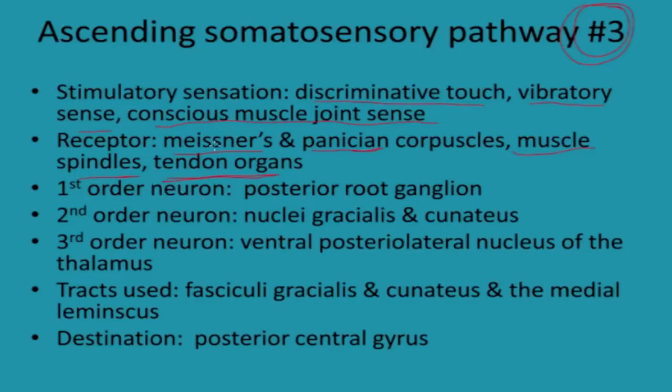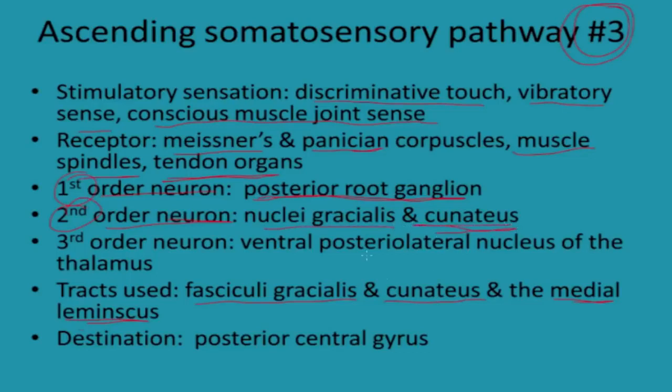So what happens is these stimuli travel to the first order neuron, which again is the posterior root ganglion. These travel into the spinal cord using the fasciculi gracilis and cuneatus, and later on the medial lemniscus, and they synapse on the second order neuron, which are the nuclei gracilis and cuneatus.